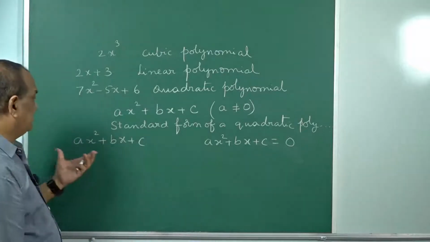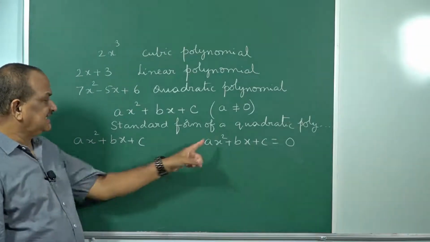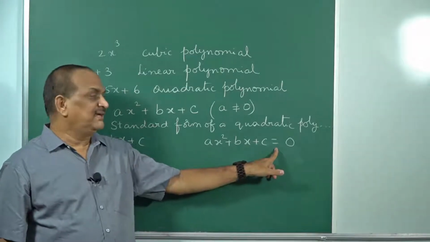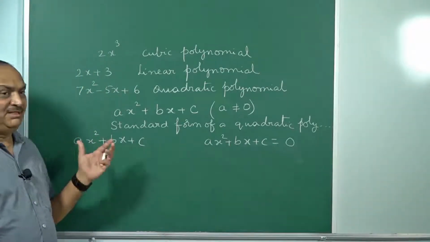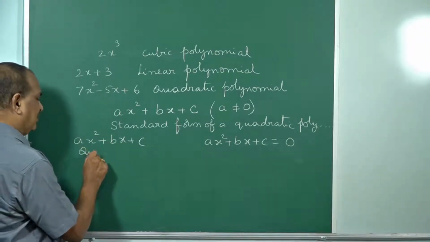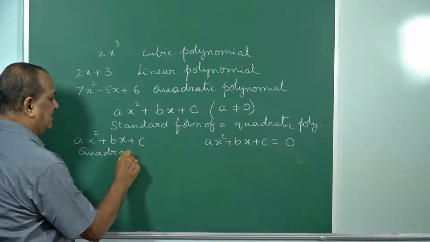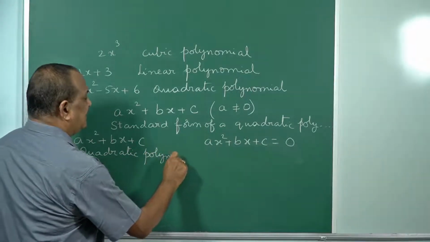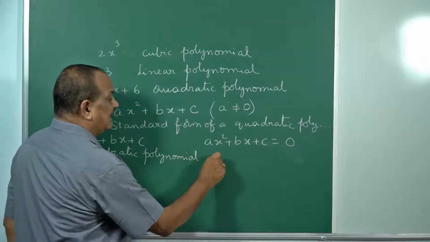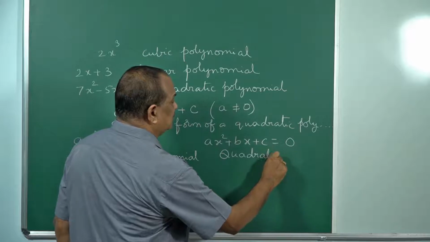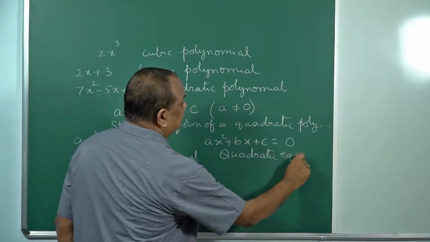You must know the difference: this is a sentence because there is a verb here, is equal to. So this is a statement. I mean, the polynomial is not a statement, it is an expression. So this is a quadratic polynomial, whereas that one is a quadratic equation. You should not get confused between these two.